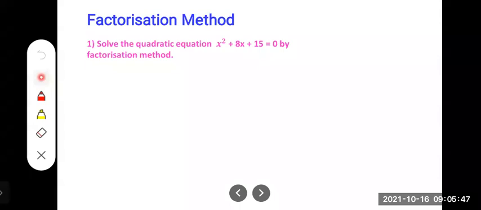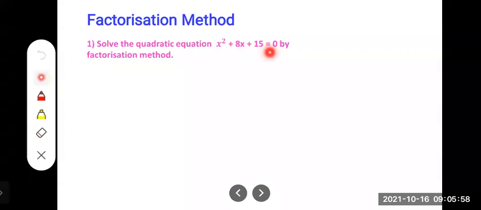You might have learned them already. Okay, so two methods: one is the factorization method, the other one is the formula method. Okay, students. Now, factorization method means you know how to do this, so you will just do the revision. See, solve the quadratic equation x square plus 8x plus 15 equal to 0 by factorization method.